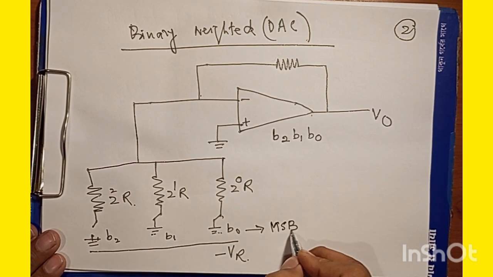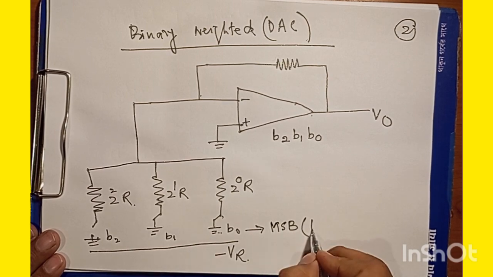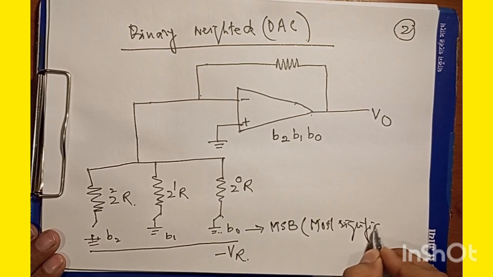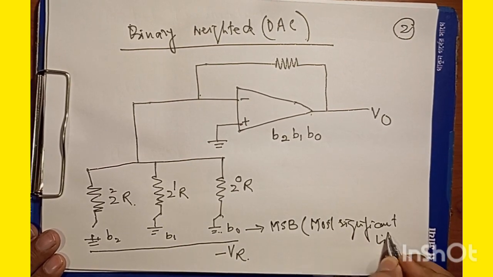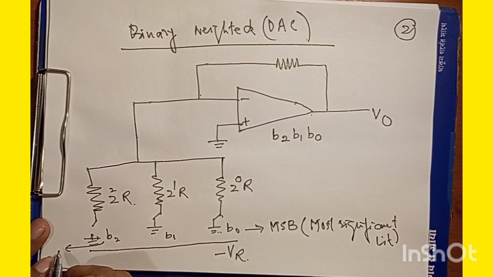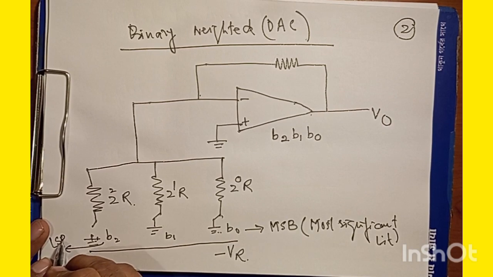It is the most significant bit. And this B2 should be the least significant bit.